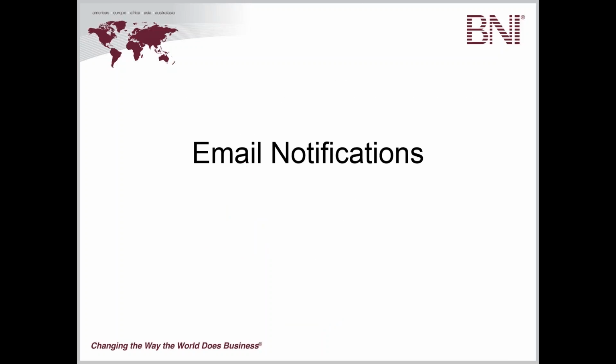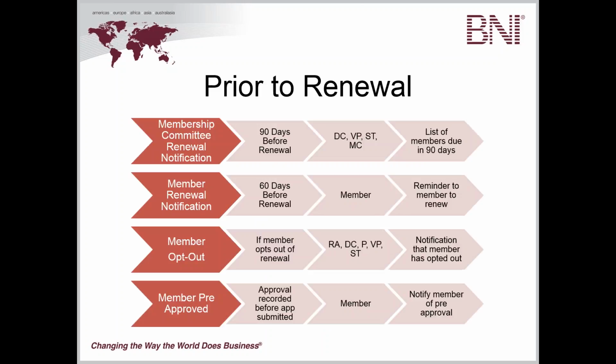Now, during this, as I said, there are a boatload of emails that go out, a whole bunch of them. So before the renewal, there's a 90 days, a 60 days. As part of that 60-day renewal reminder to the member, there is another link within that email. So one link says, would you like to renew now? There's another link that gives them the opportunity to say, I wish to opt out of renewing.